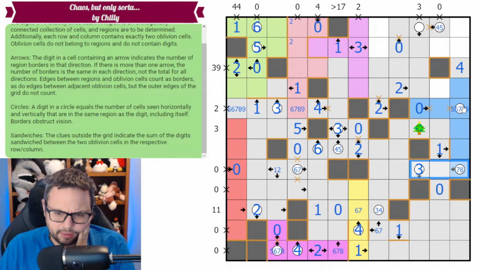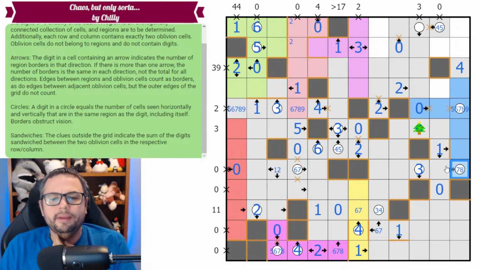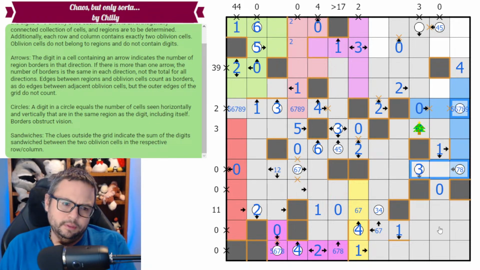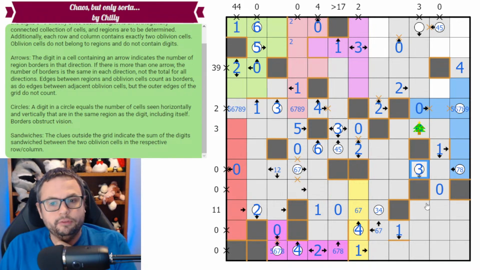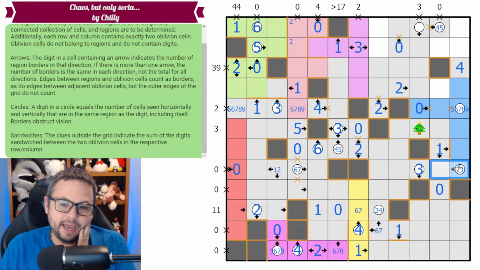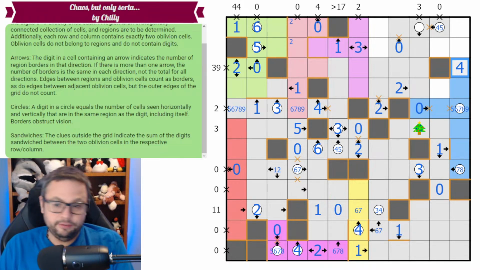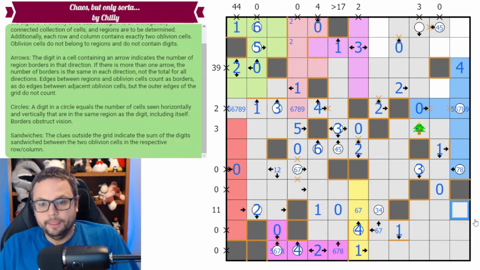So no, sorry, it's not necessarily, oh, that's the point, actually. This 3 can't be blue, because if the 3 was blue, these two clues would be equal. So this clue's not blue, for what it's worth. I have no earthly idea how to mark that. But that means we have 1, 2, 3, 4, 5, 6. So this cell is in fact blue.